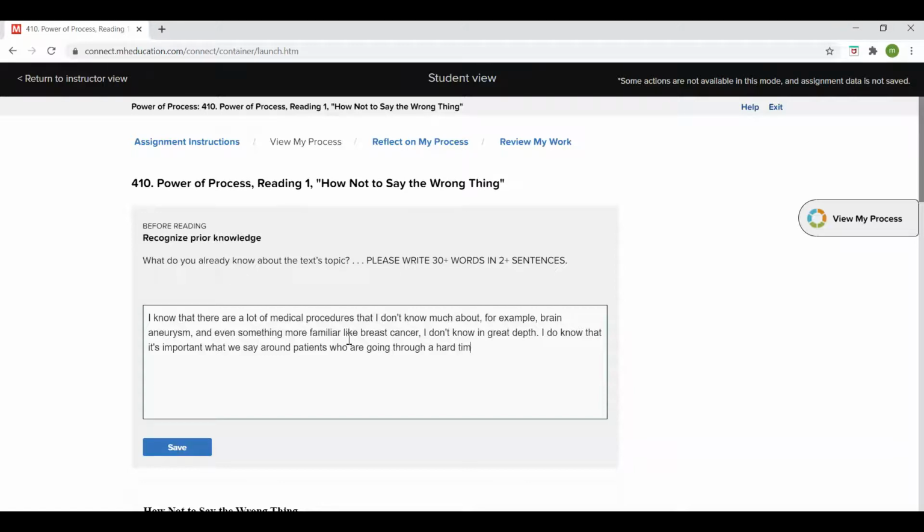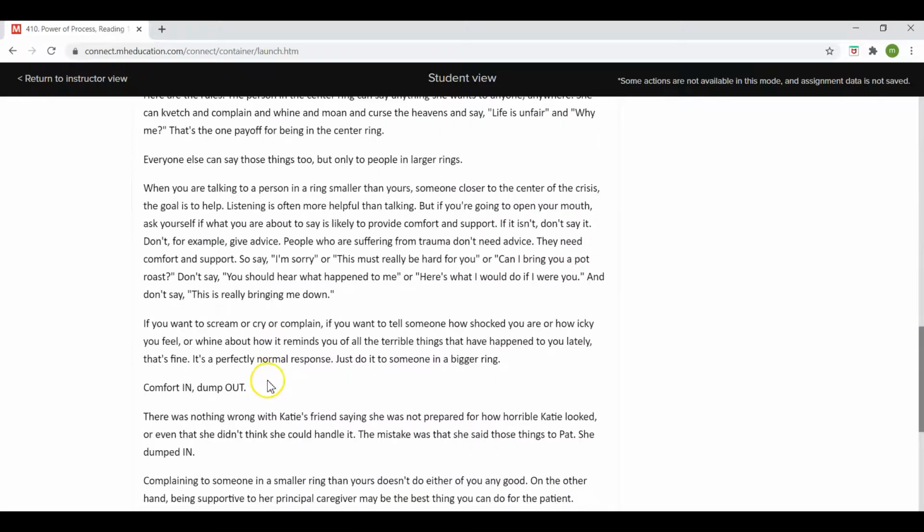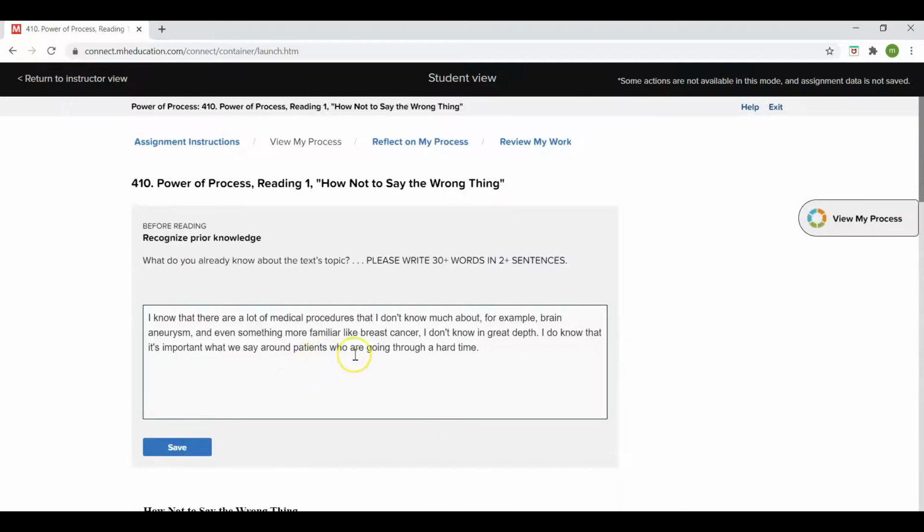Because I noticed the word comfort, right? So I want to say what we say around patients with a hard time. I won't even mention comfort, but that word, like comfort in, comfort out, from this here, tells me that it's about that, right? And apparently we do say the wrong thing. One more thing I know.